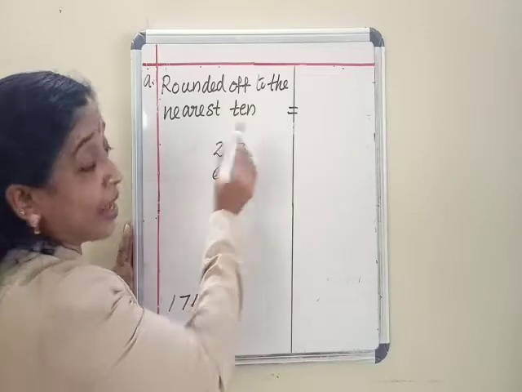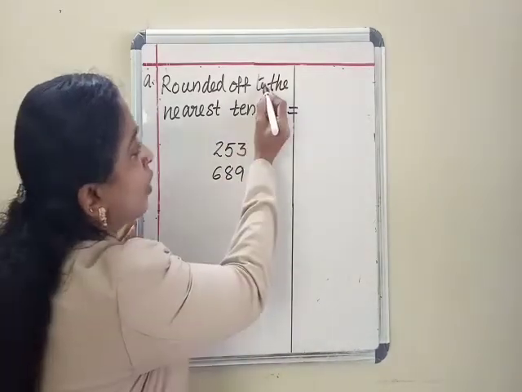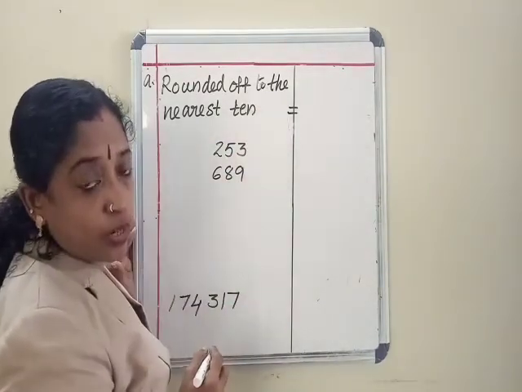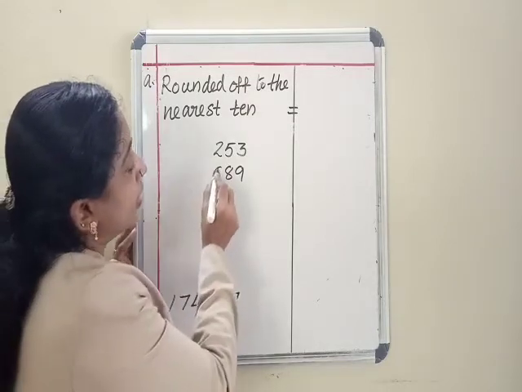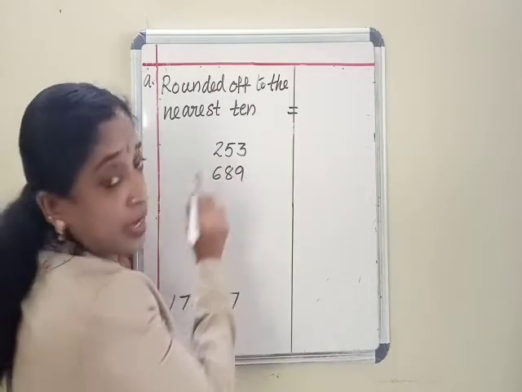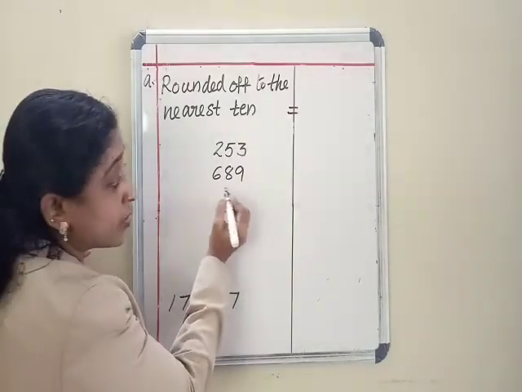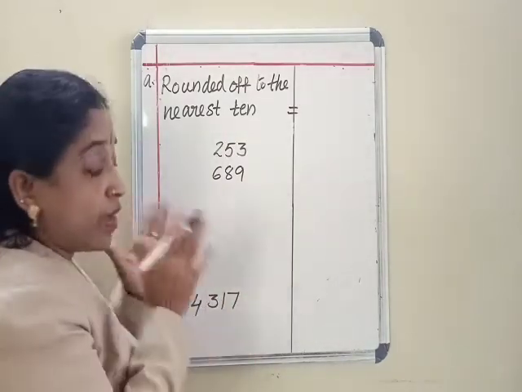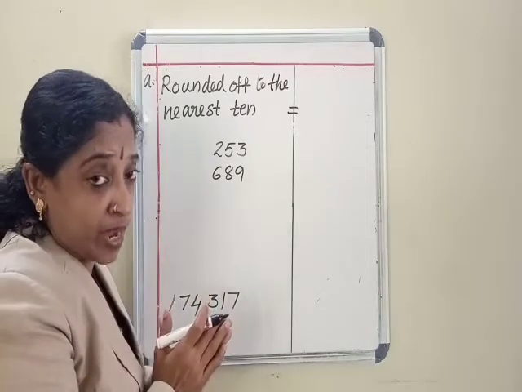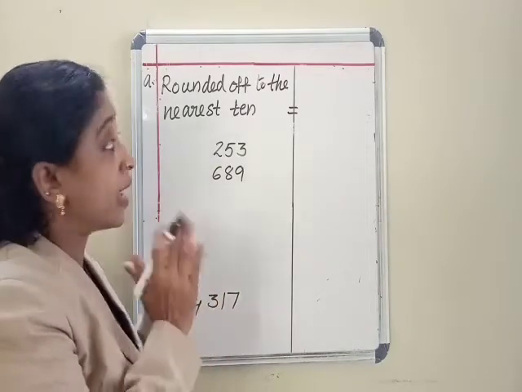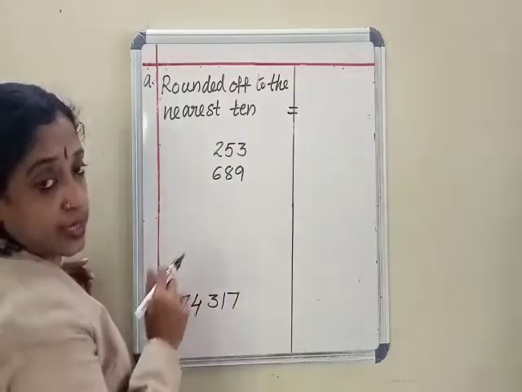Rounded off to the nearest 10. Total number of pages. Here look, the number of pages in a book is 253. Number of books, 689. Now we have to find the total number of pages rounded off to the nearest 10.